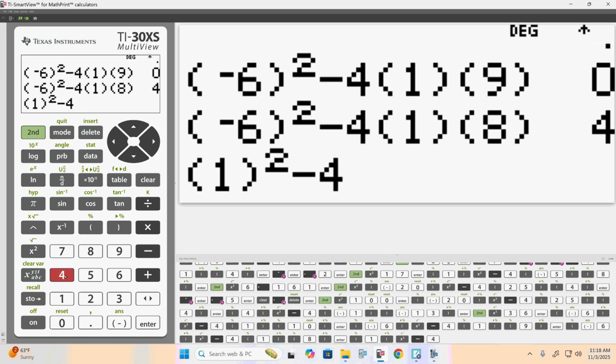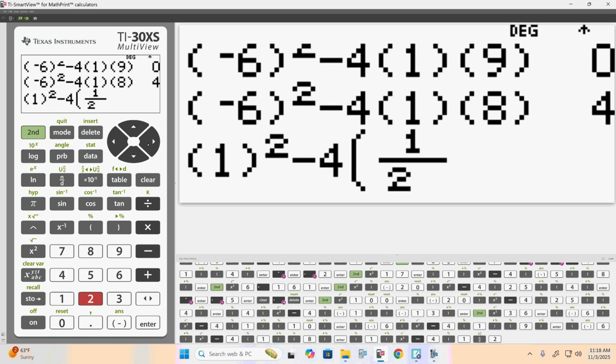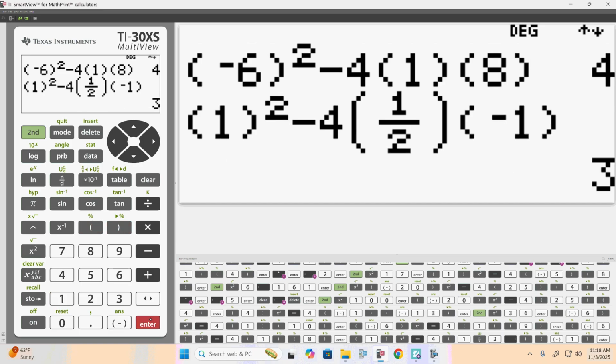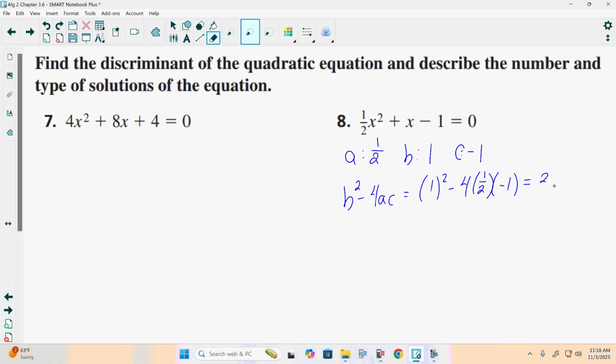That is 3, so we have two. That's it. Questions on this here?